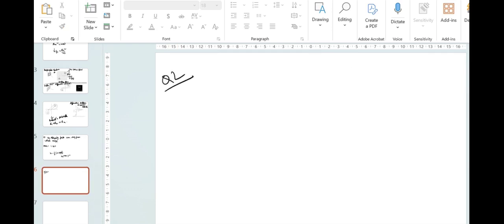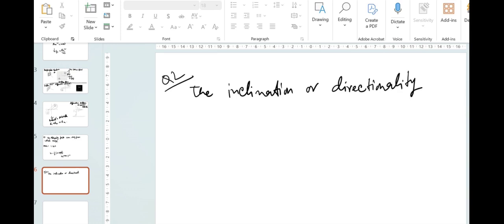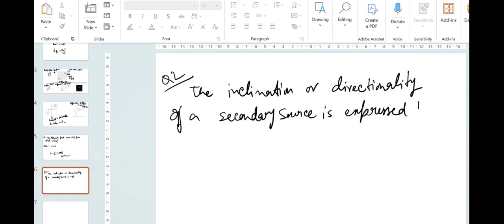Question 2: the inclination or directionality of a secondary source is expressed by which one?